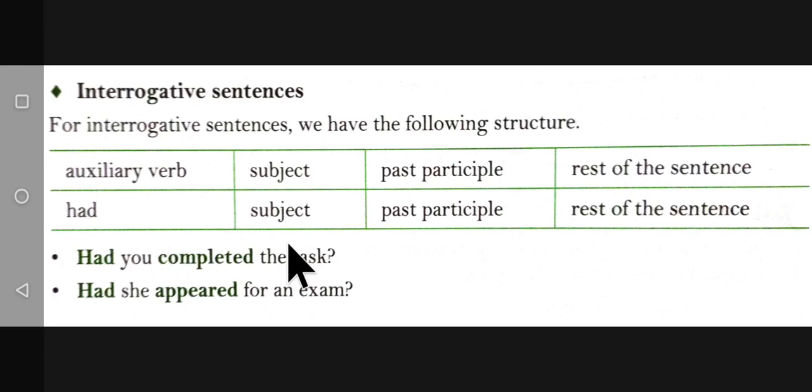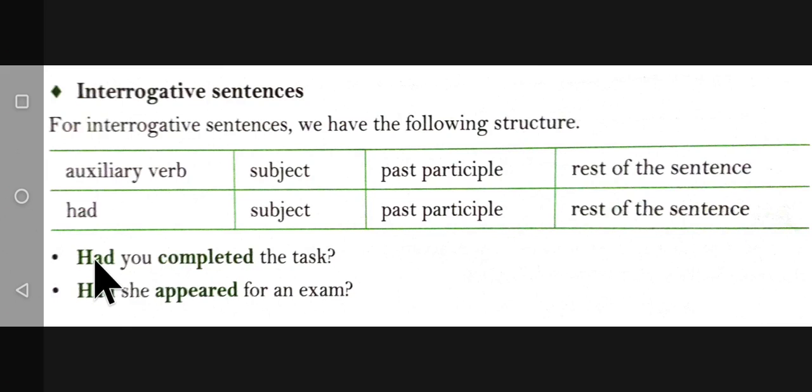And at last comes the pattern for interrogative sentence. Okay, so the structure goes like this: first comes the auxiliary verb, and what is the auxiliary verb here? Had. Then comes subject, then comes past participle form of the verb, then rest of the sentence. Example: had you completed the task?